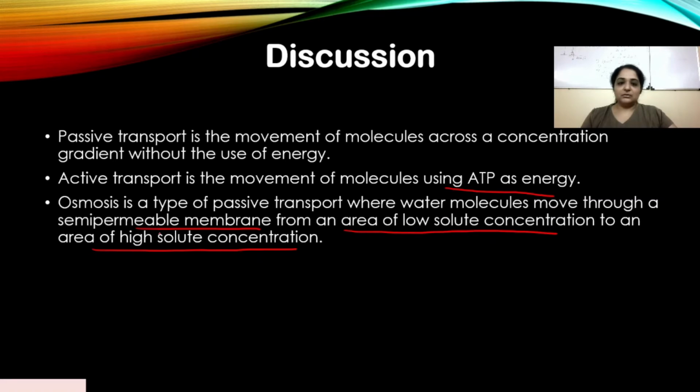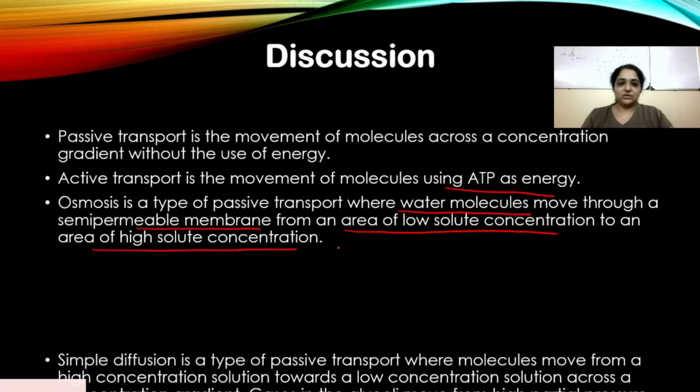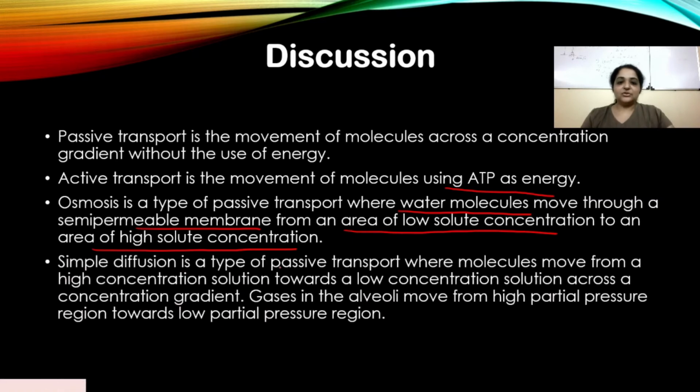So here water molecules move from an area of low solute concentration to an area of high solute concentration. And let's look at simple diffusion. It is also a type of passive transport where molecules move from a high concentration solution towards a low concentration solution. That happens again across a concentration gradient.